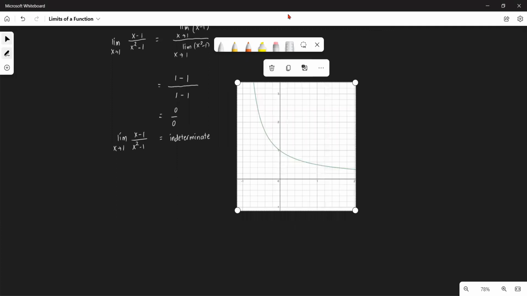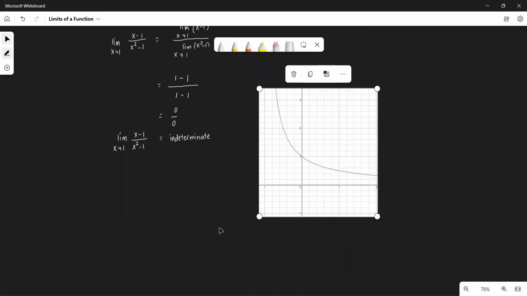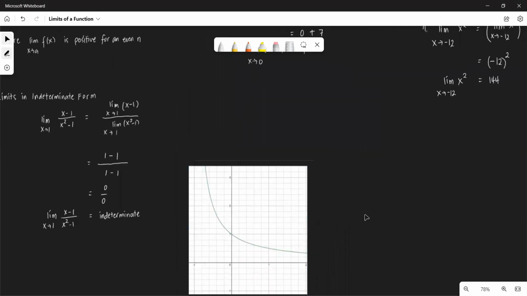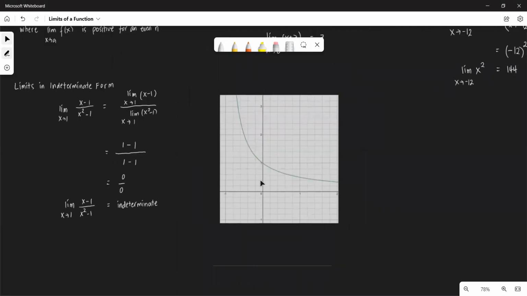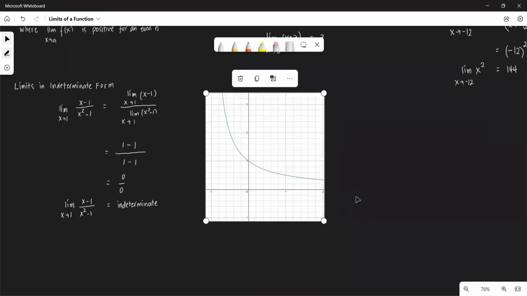As you can see on the screen right now, the sketch of the graph of the given function is the green one. It says as x approaches 1, so this is x equals 1. So we have here this point.